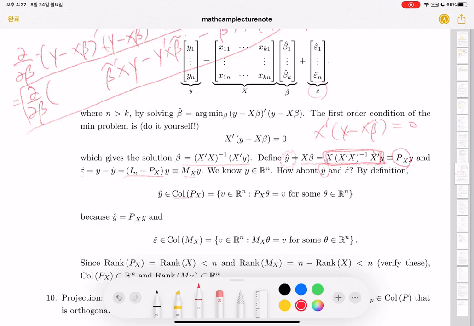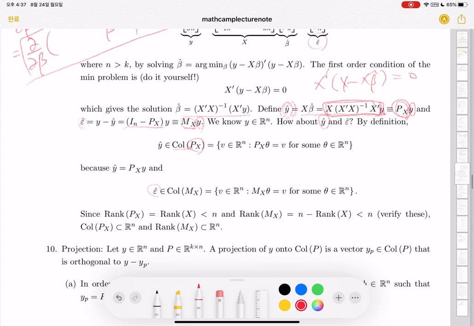in the column space of P sub x, because y hat is P sub x times some value y, right? And epsilon hat is in the column space of M sub x, because epsilon hat is M sub x times y, by definition of column space.